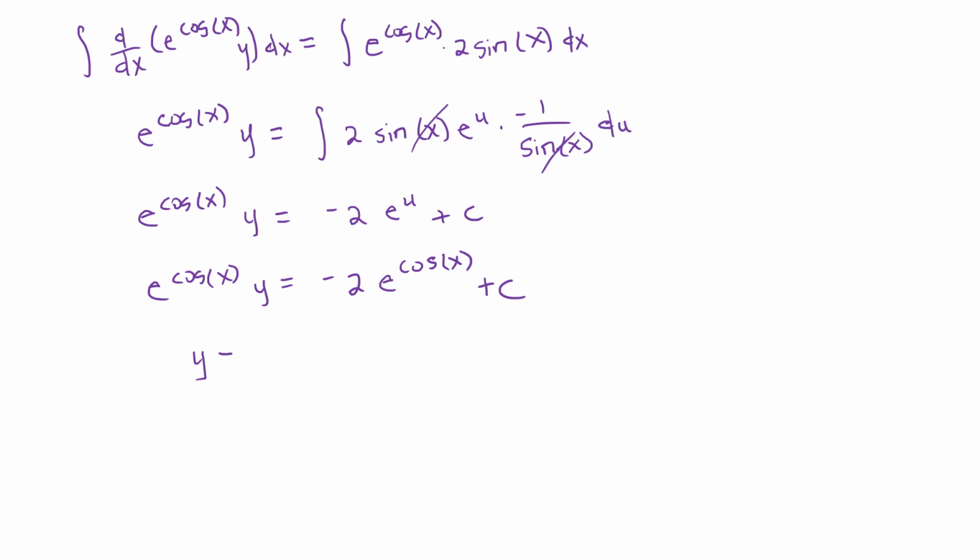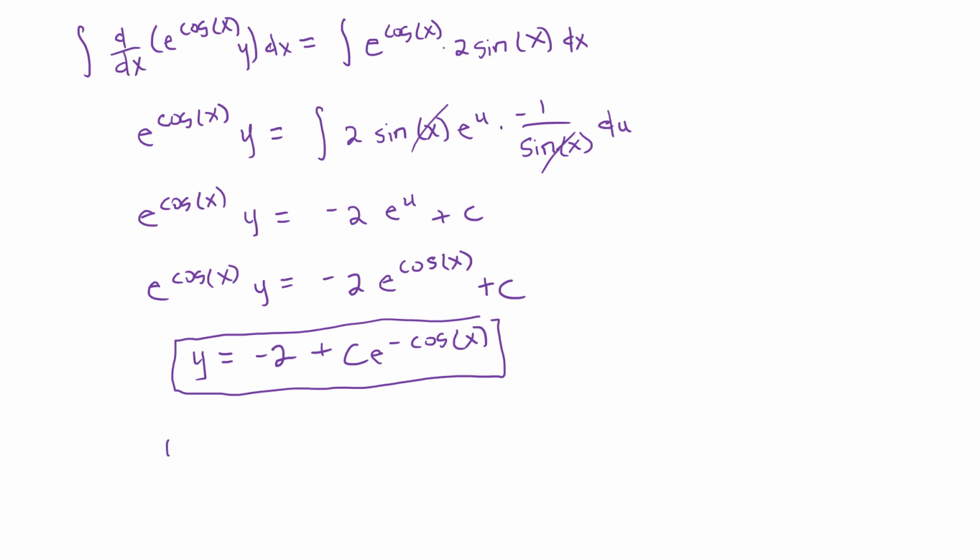So y equals negative 2, because we'll be dividing everything by e to the cosine x, so that cancels, plus c e to the negative cosine x. So I moved it from the denominator to the numerator, making the exponent negative. So this is the general solution.